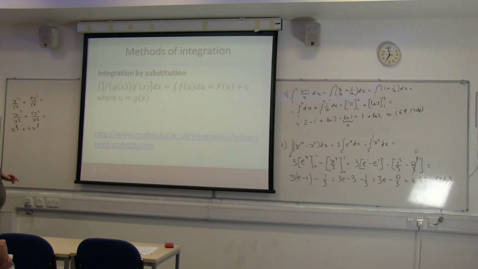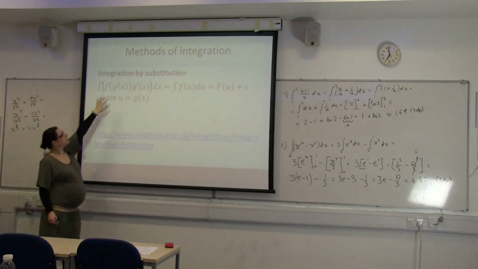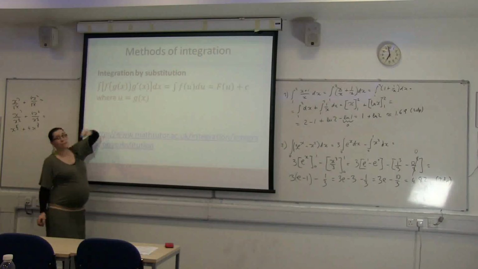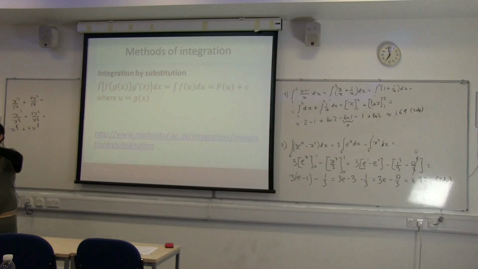So let's look at, okay, actually if you look at it, what do you notice in here? What is this formula coming from? Chain rule. So integration by substitution is the backwards chain rule.